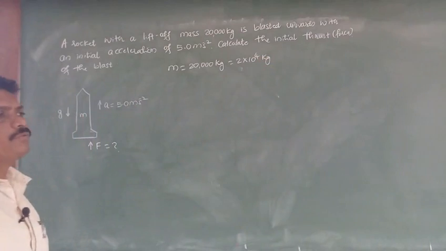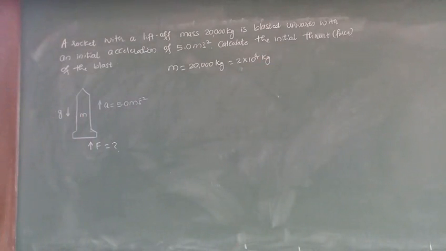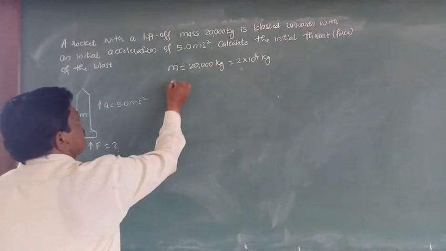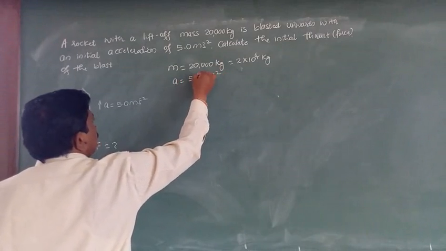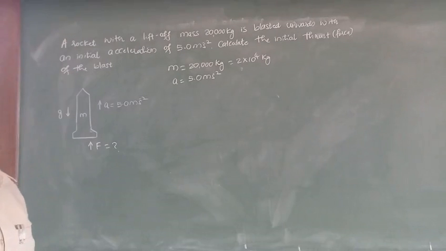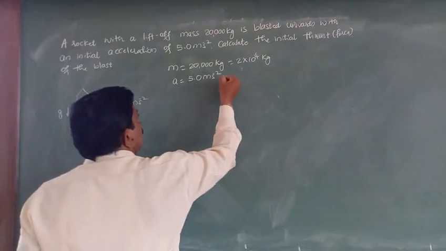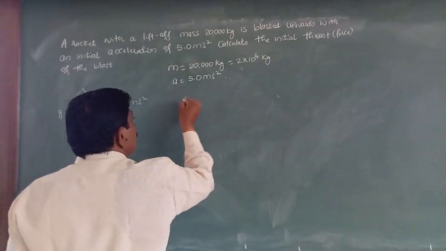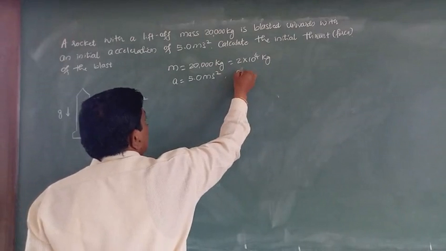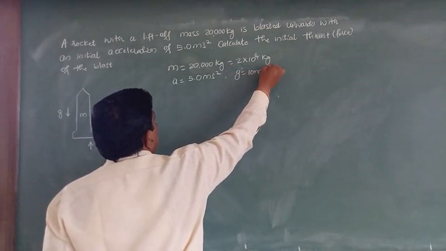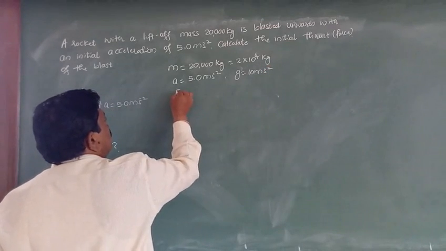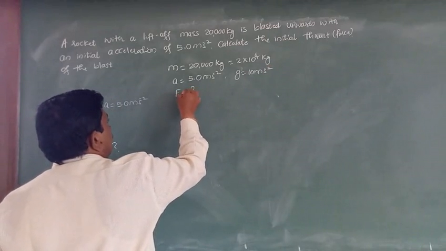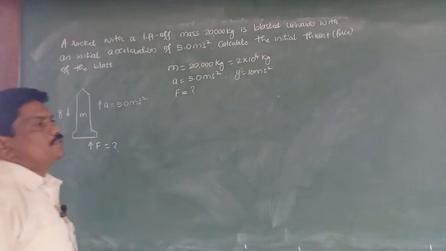Now the acceleration is 5.0 meter per second square. Next, you have to take acceleration due to gravity g as 10 meter per second square, and you have to calculate F on it first.